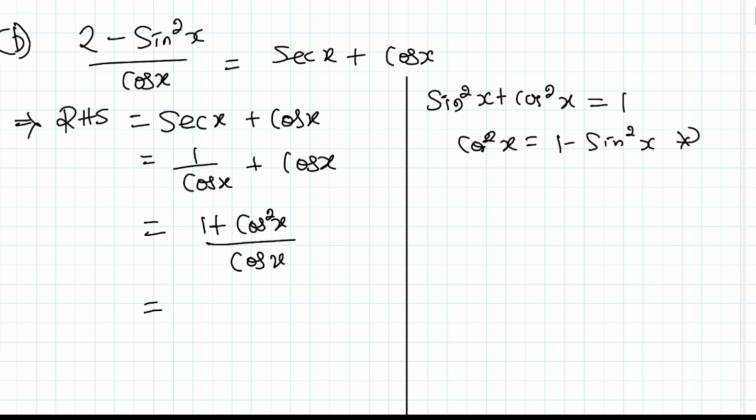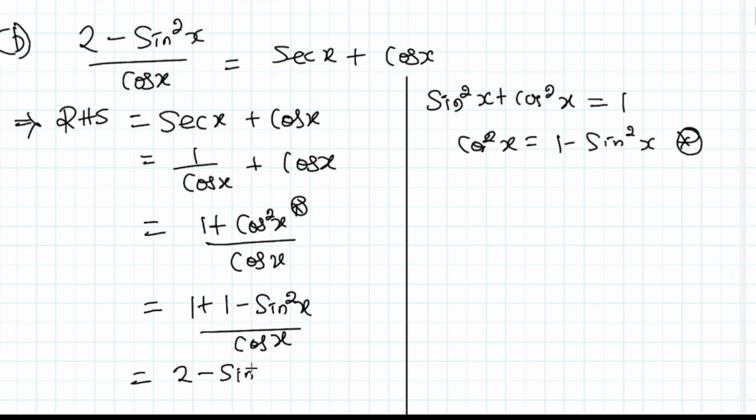If we make this substitution for cos square x here, we're simply going to have 1 plus 1 minus sine square x all over cos x. And then 1 plus 1 equals 2, so that is equal to 2 minus sine square x all over cos x, which is equal to the left hand side.